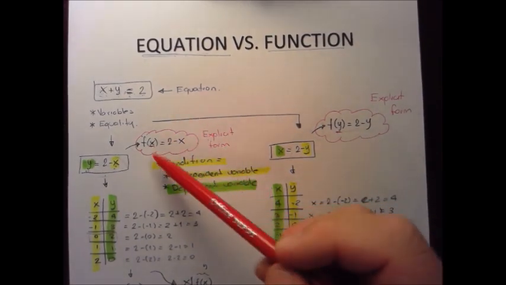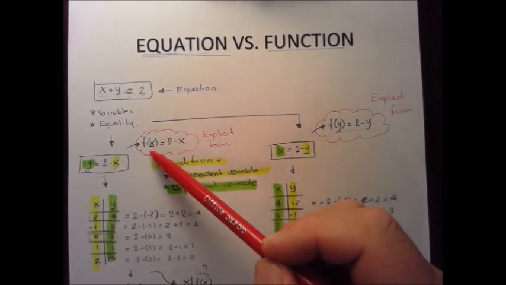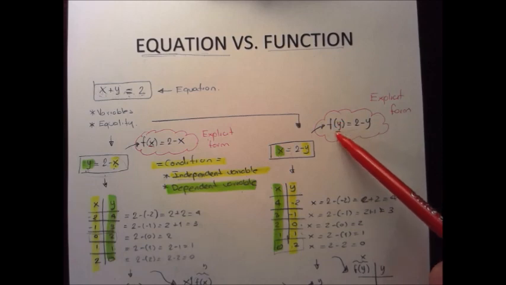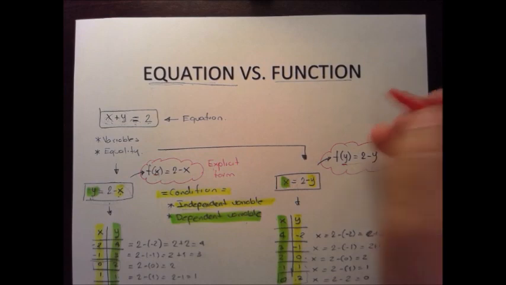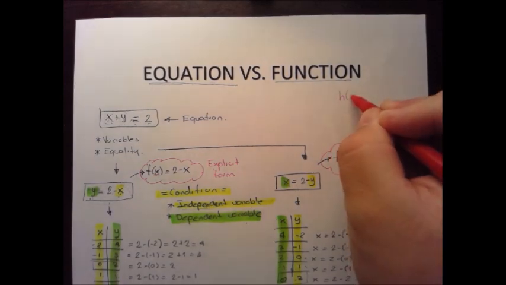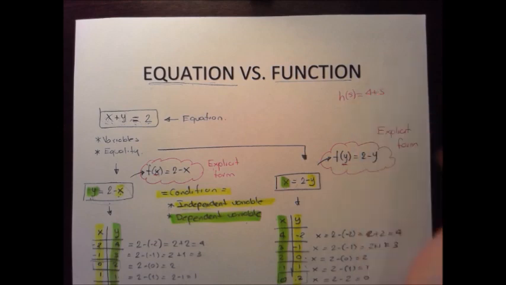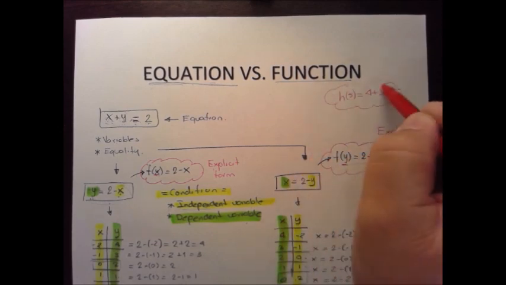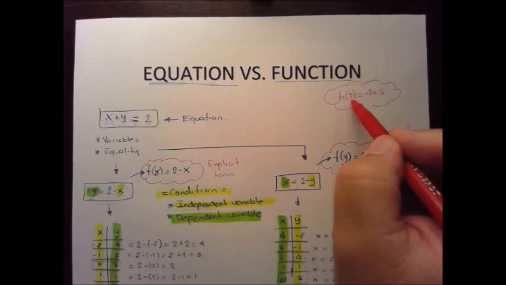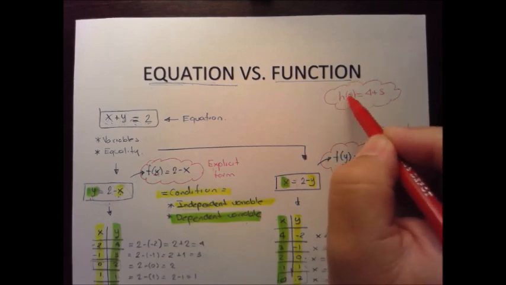For example, here the dependent variable is x, here the independent variable is y. We can have a different example, like h of s equals 4 plus s. This is an explicit function. What is the independent variable? s. You can see clearly over here.